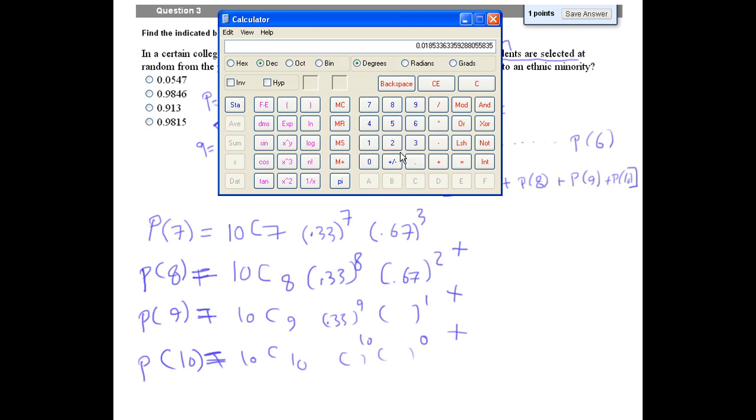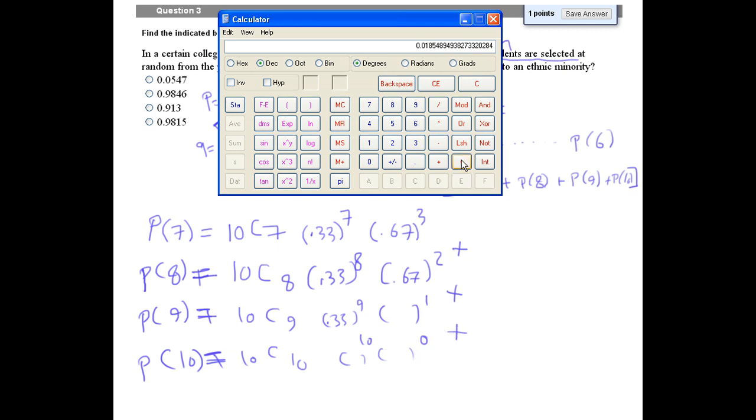Everyone remember, hopefully, that 10C10 is the same as 10C0, which is the same as 1. So we just have a 1 here. This will be multiplied by 0.33 to the power of 10, and then anything to the power of 0 is again going to be 1.